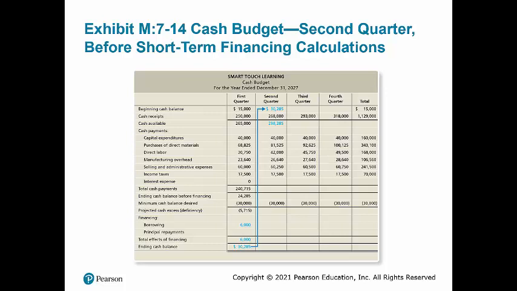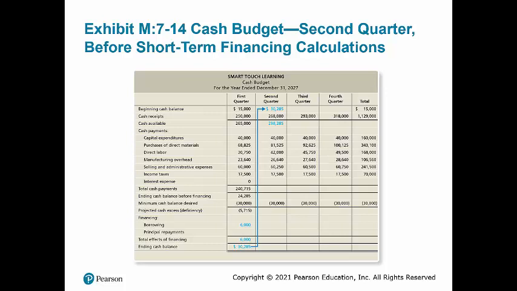When we add the $6,000 to the $24,285 projected cash balance before financing, we get the ending cash balance for the first quarter of $30,285, and that would become the beginning balance for cash for the second quarter, as shown on the slide.